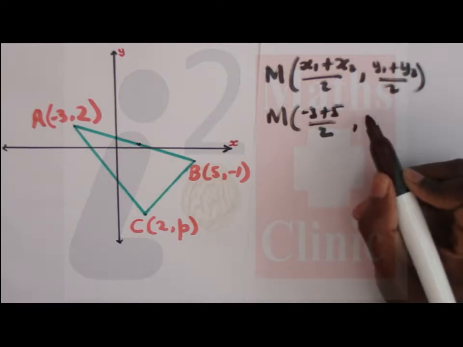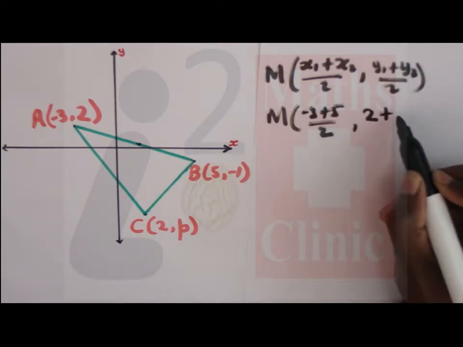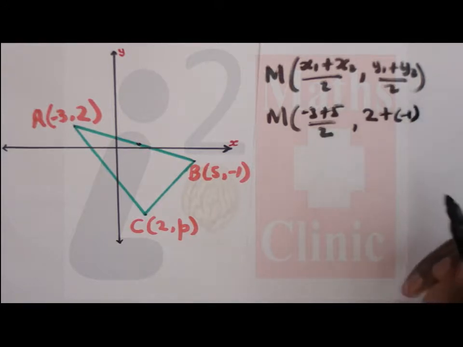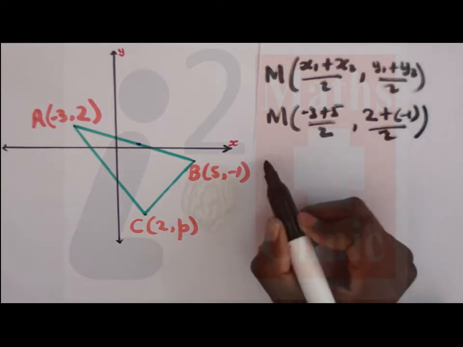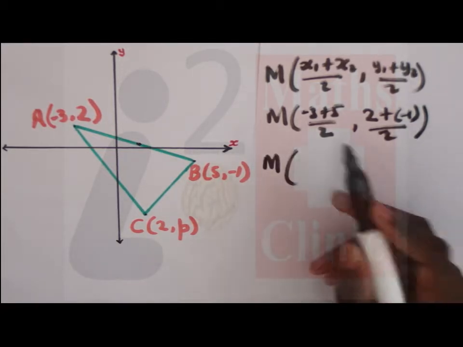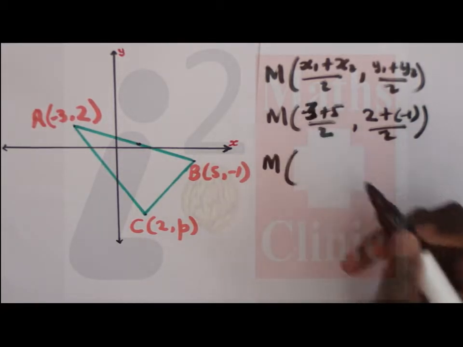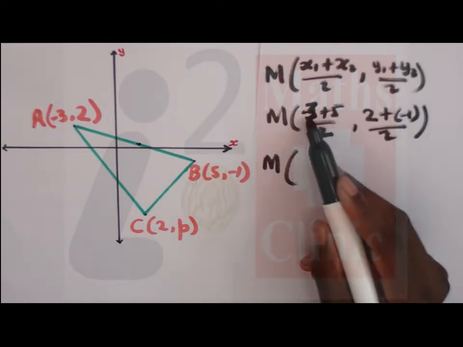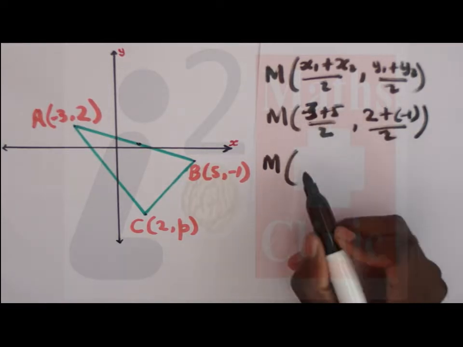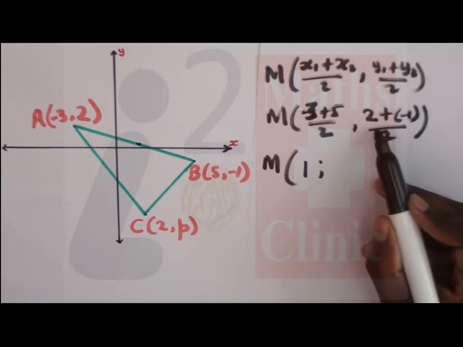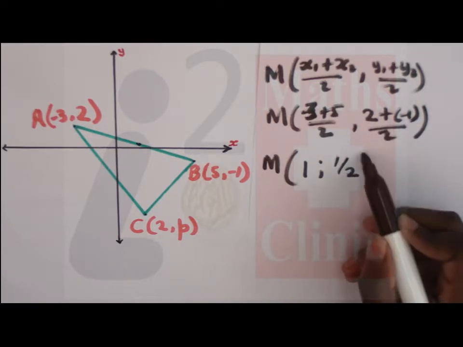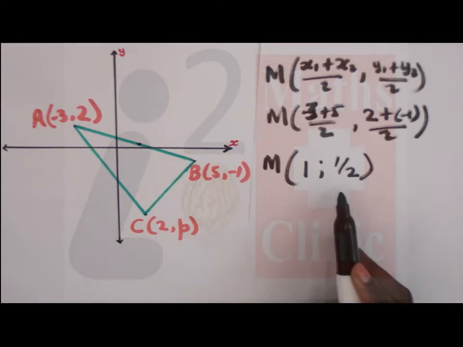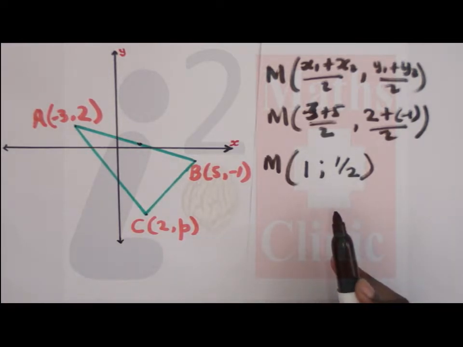And the y values are 2 and -1, so it's 2 minus 1 divided by 2. So the coordinates of the midpoint: -3 plus 5 is 2, so 2 divided by 2 is 1, and then 2 minus 1 is 1, so we have 1 over 2. So the coordinates of the midpoint are (1, 1/2).